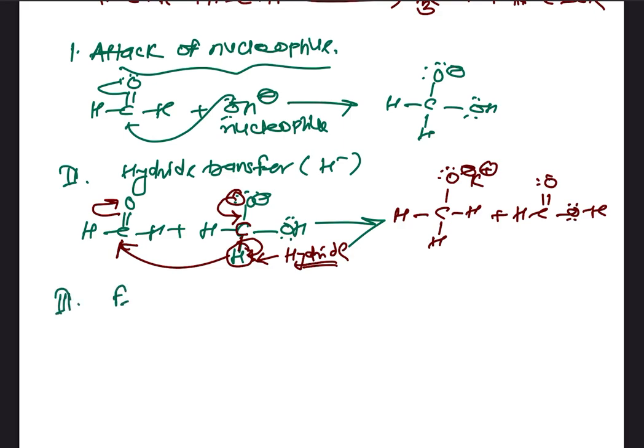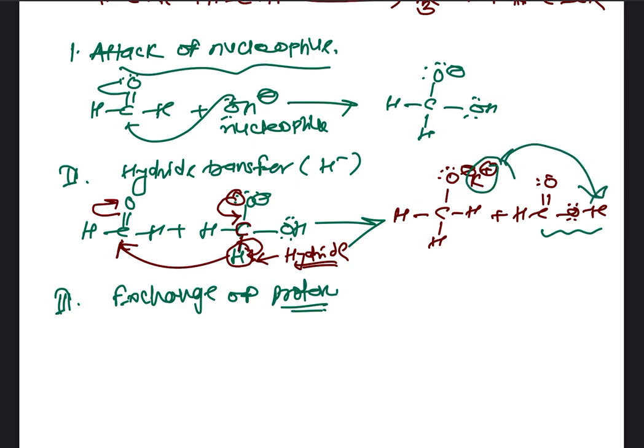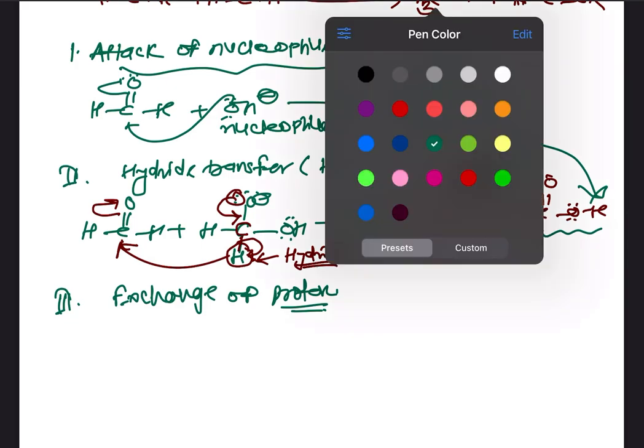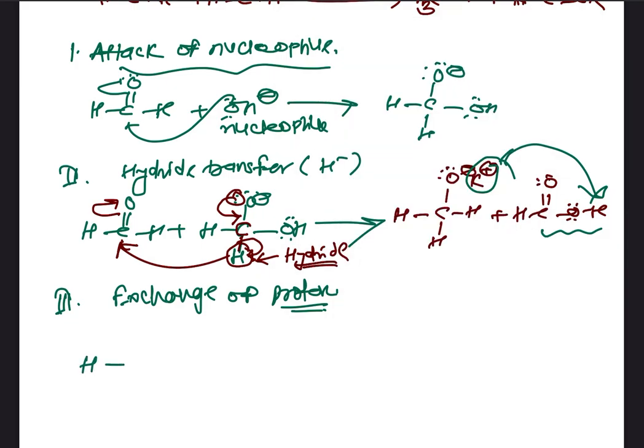Step number 3, exchange of proton. Here, due to more electronegativity, there is a fast exchange of proton, that is, shifting of K plus towards this carboxylic acid and proton to this O minus. This is the proton exchange step.